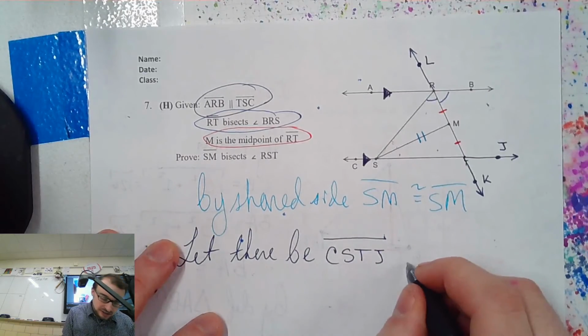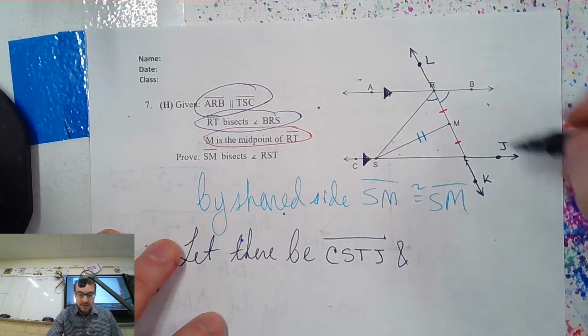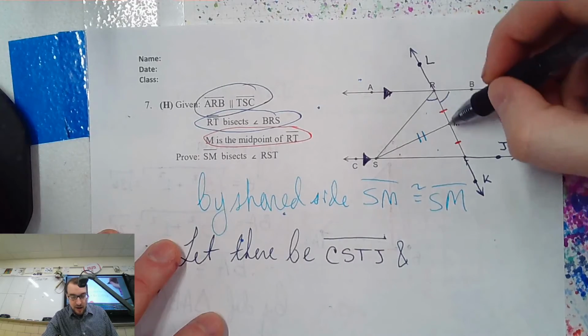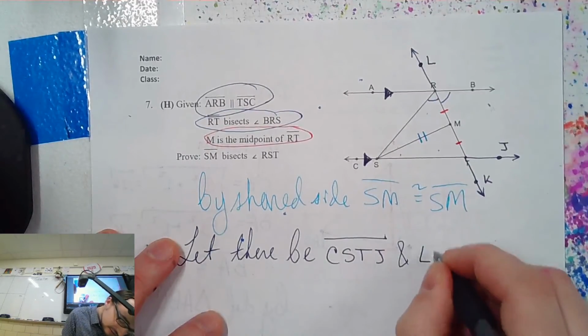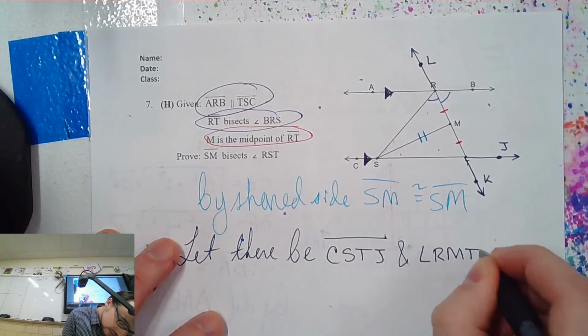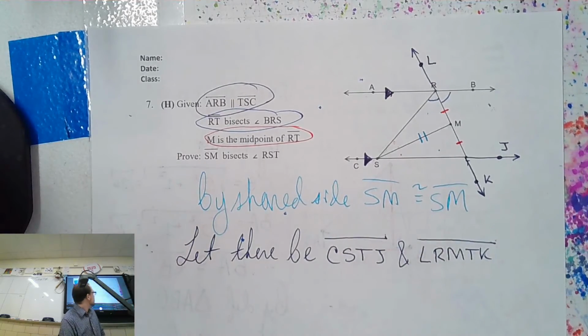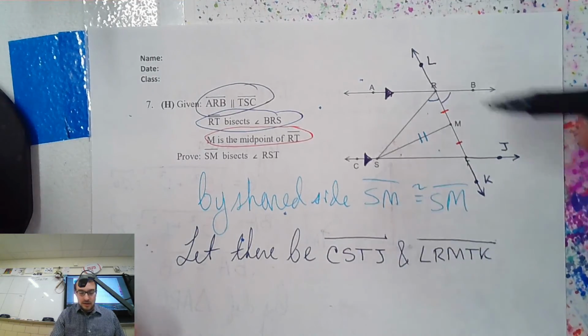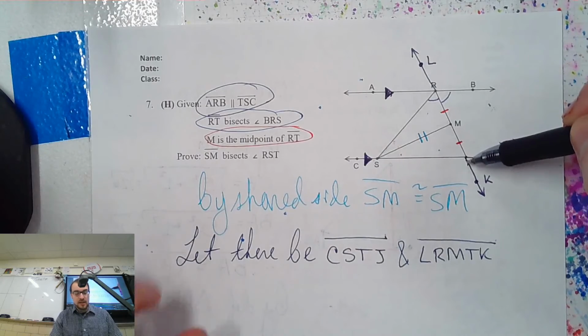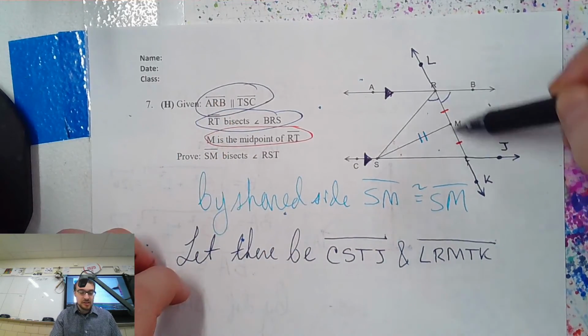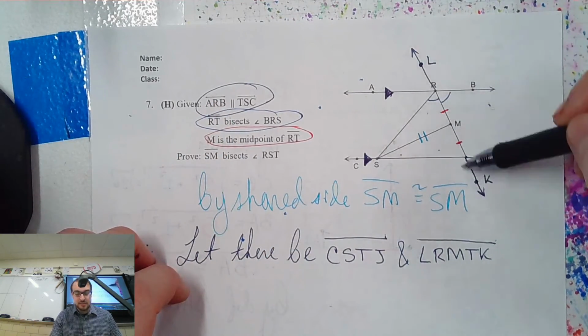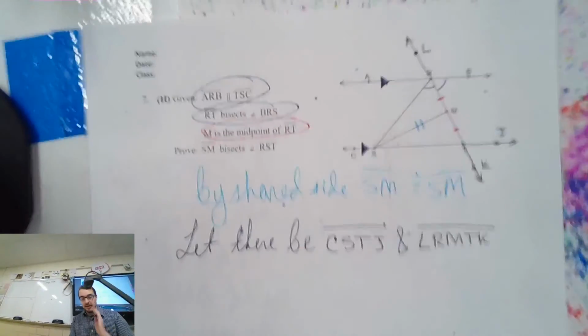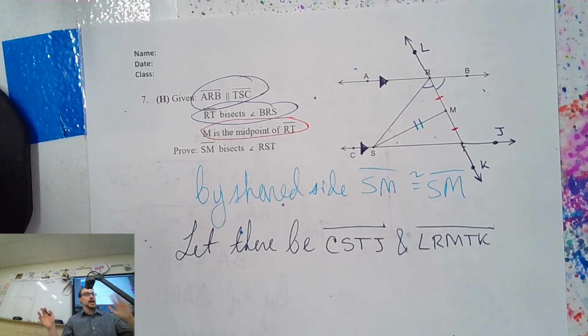And then we're also going to say, and let there be line LRMTK. We can do that. R, M, and T were already lines, so we can say that LRMTK is also a line, okay? Are we cool with that?